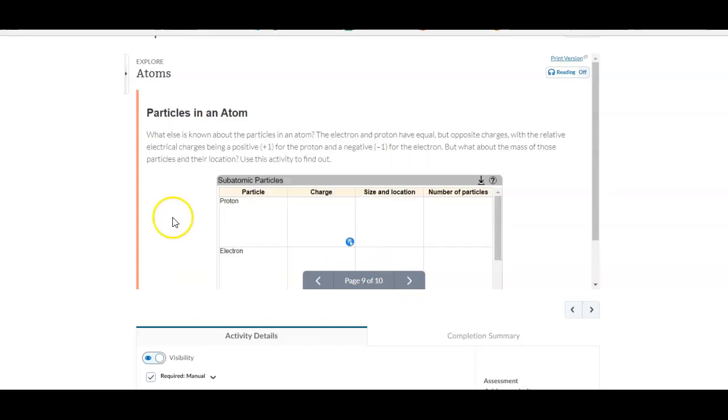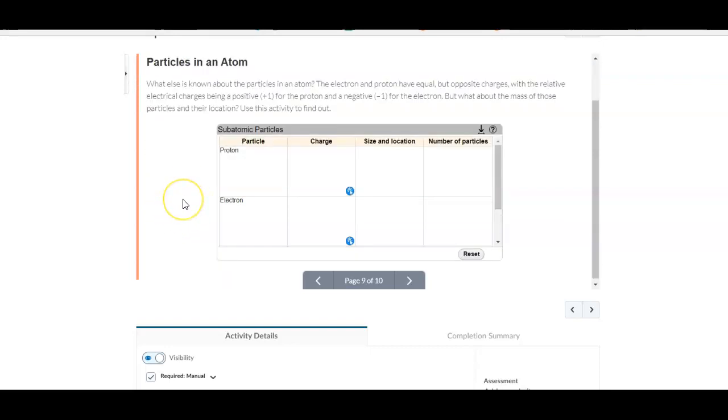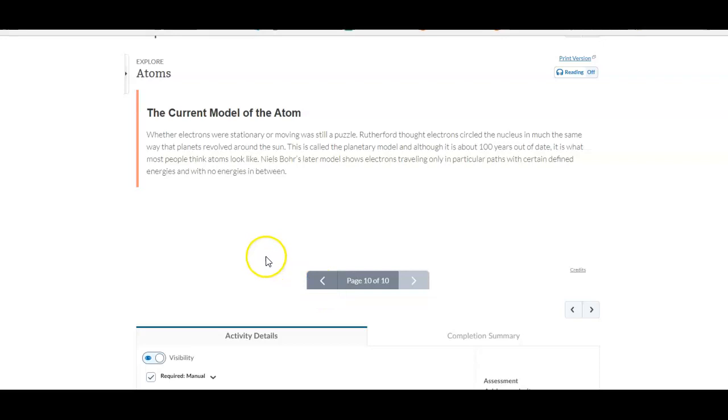All right, so particles in an atom. This is an activity to just help you figure out and kind of organize the information you know about protons, electrons, and neutrons. And the current model. Whether electrons were stationary or moving was still a puzzle. Rutherford thought electrons circled the nucleus in much the same way that planets revolved around the sun.